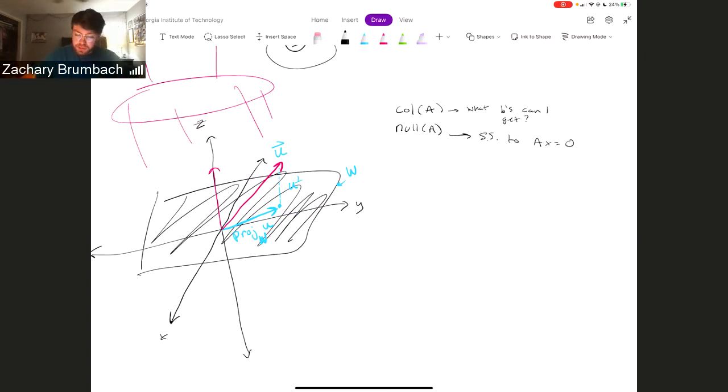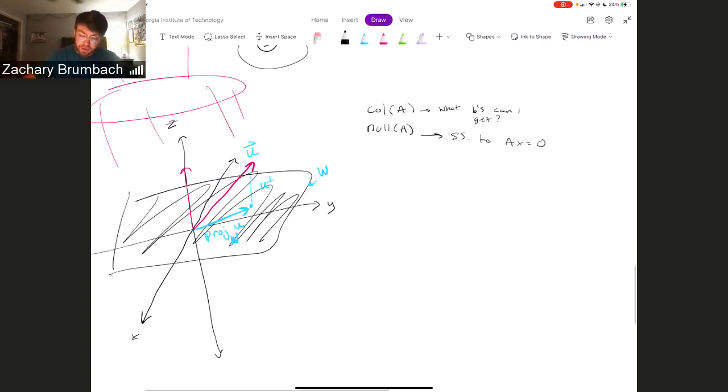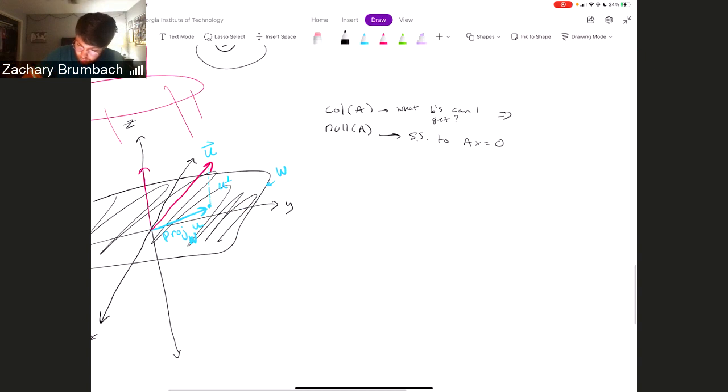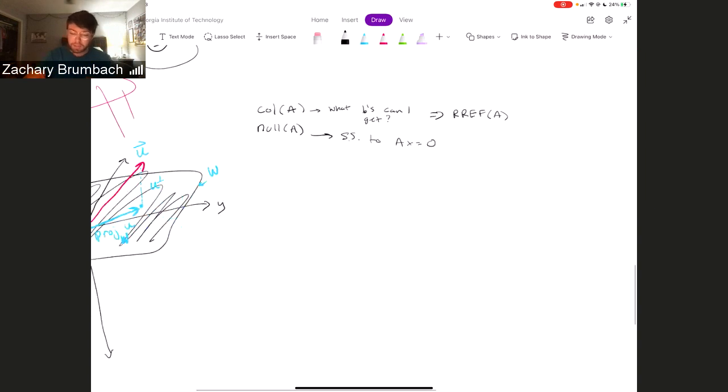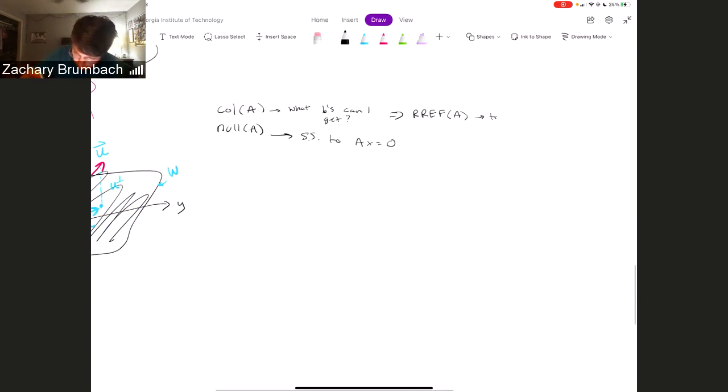Cool. So those are the definitions of what those are. In terms of how to find it, to find a basis for column space, you row reduce A to echelon form and take the respective pivot columns.